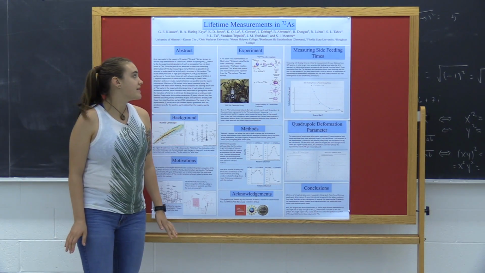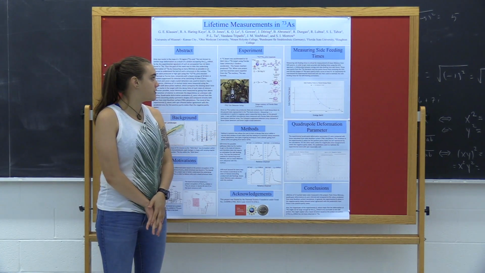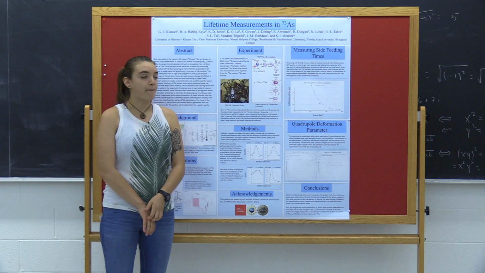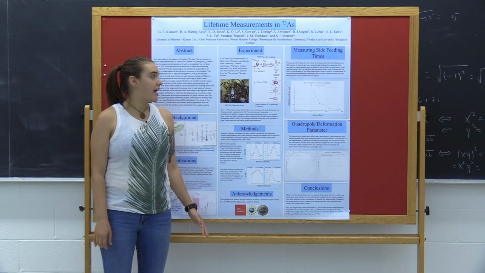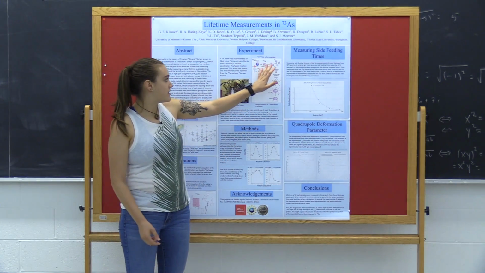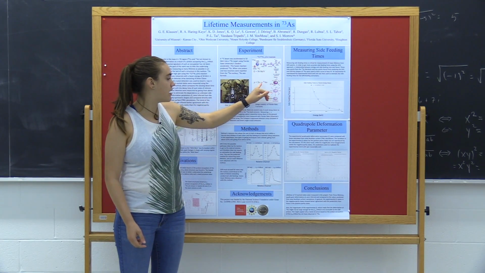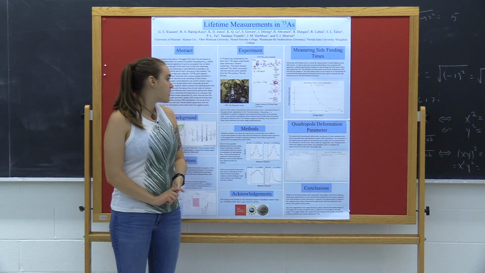So in order to study this, we had to perform an experiment. This was done about 5 years ago at Florida State University. We used a nickel 62 target and accelerated carbon 14 into it. This created selenium 76, which decayed to arsenic 73, giving off a proton and 2 neutrons.